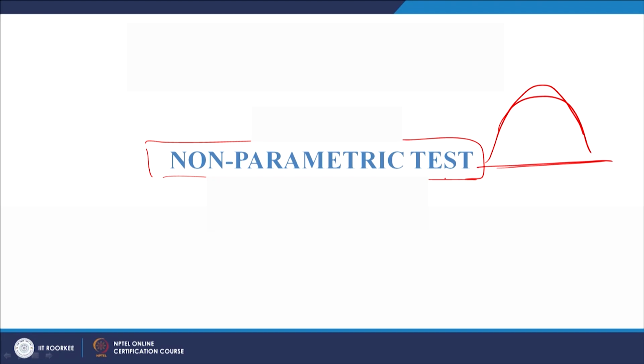Under non-parametric tests I had also said there are several tests, for example the Mann-Whitney U test, which we had started in the last lecture. The Mann-Whitney U test, as I had said, is very simple; it is an analogy of the independent sample t test.